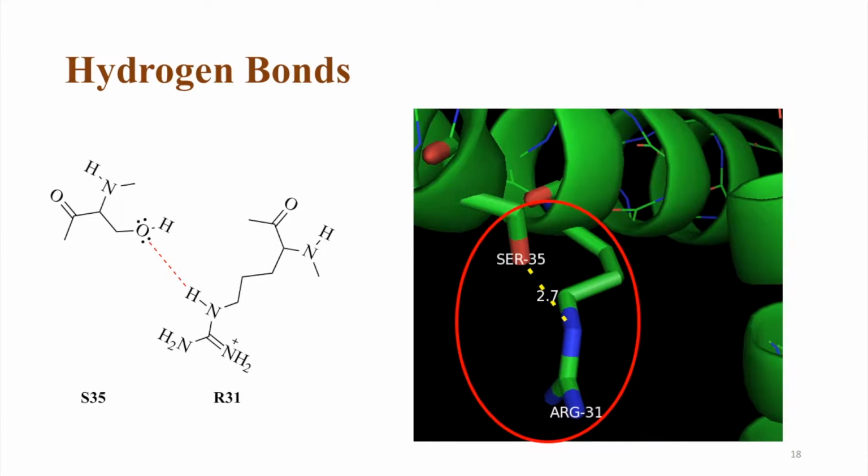In the three-dimensional structure, you can see that the hydroxyl group of serine 35 is 2.7 angstroms from the hydrogen atom of the guanidino group from arginine 31. Keep in mind that interactions between residues only occur for distances shorter than 3.5 angstroms. Using the measurement tool in PyMOL is a good way to make predictions about possible hydrogen bonds within the proteins.